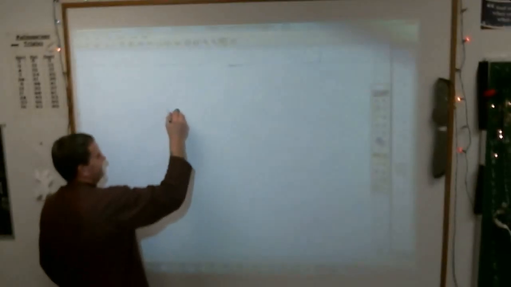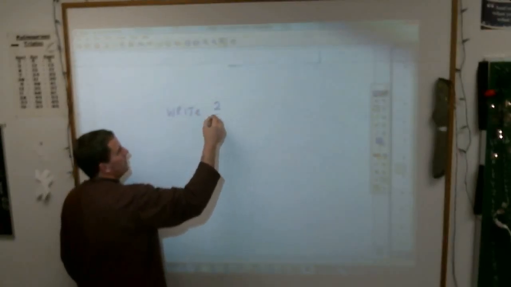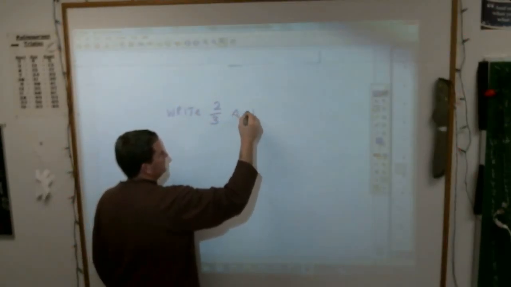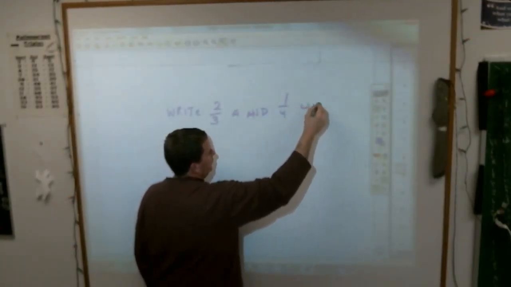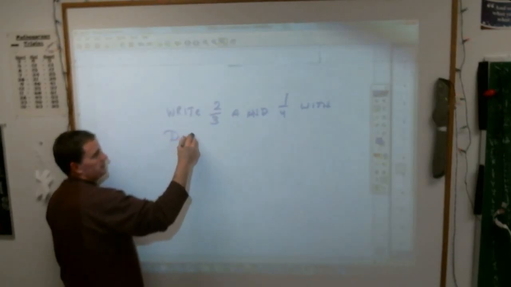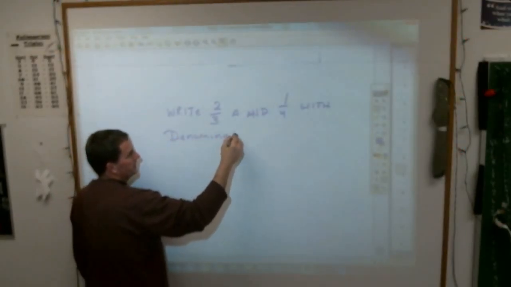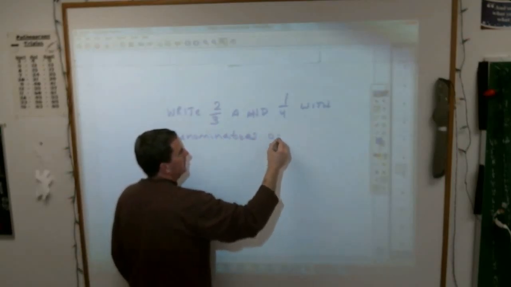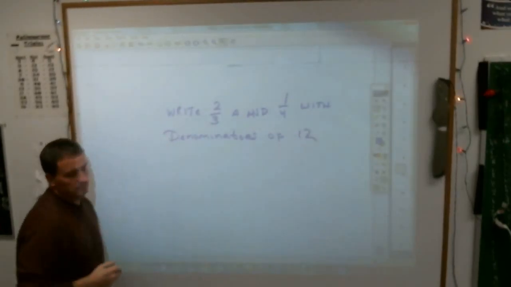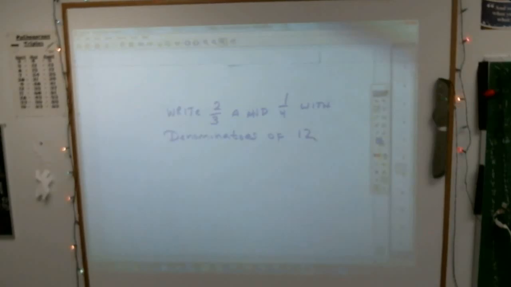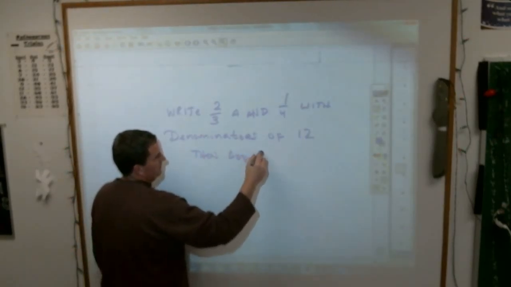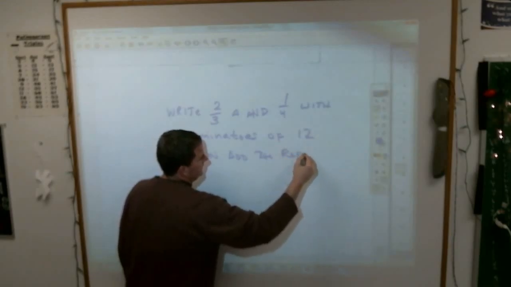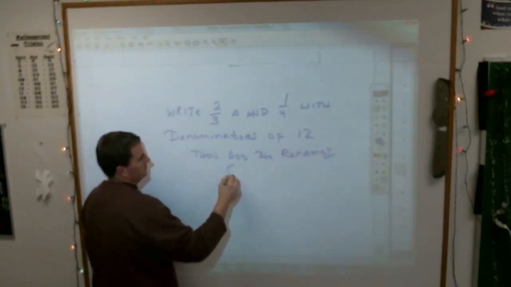Write 2/3 and 1/4 with denominators of 12. Then add the renamed fractions.